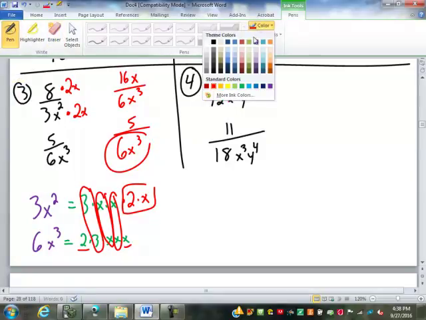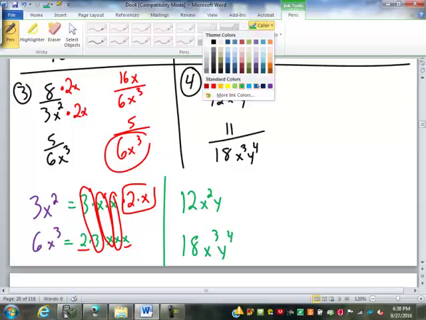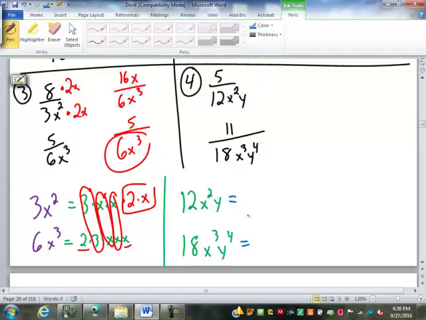Over here, 12x squared y and 18x to the third y to the fourth. If I factor the 12, I get 2 times 2 times 3. X squared is x times x and y.